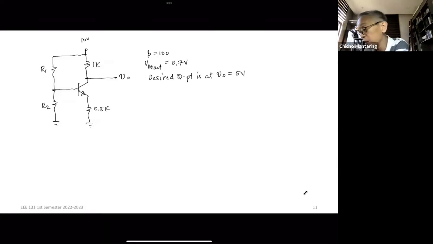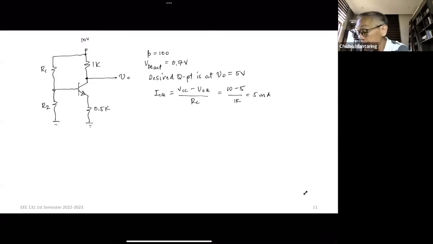Okay. So the first thing that I need to do is determine my ICQ. So ICQ is equal to VCC minus VOQ all over RC. So this is 10 minus 5, divided by 1K. So I'm going to get 5 mA.